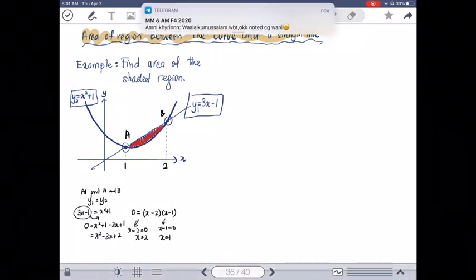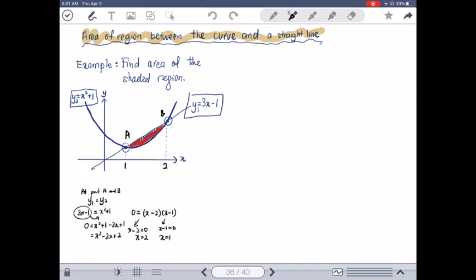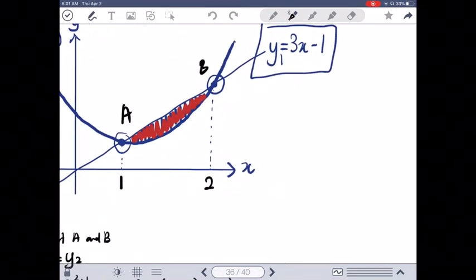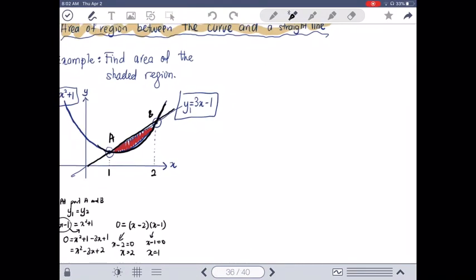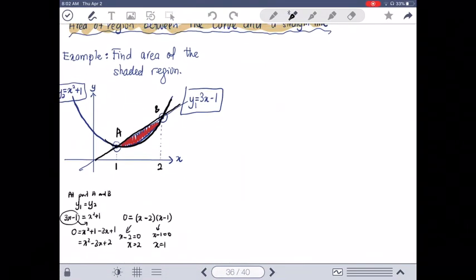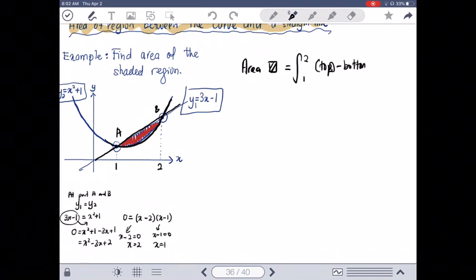The next part, we want to find the area of the shaded region. The way I do it is always the integration of the top line minus the integration of the bottom curve. Top minus bottom means that the area of the shaded region equals the integration from the boundaries 1 until 2 of top minus bottom with respect to x.